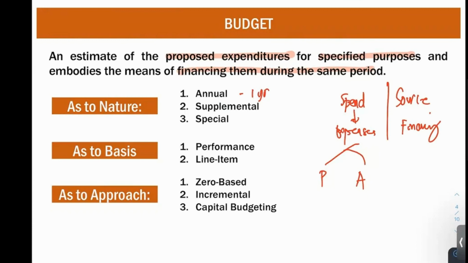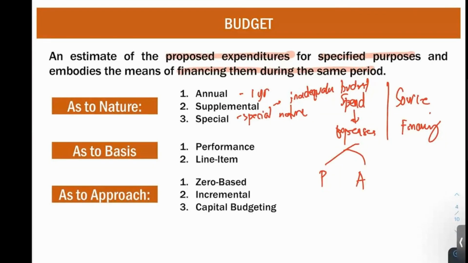Normally, you will have a supplemental budget only when there is an inadequate budget from your previous budget. So supplement if there is an inadequate budget. Next, we have your special budget. This budget is for special nature.